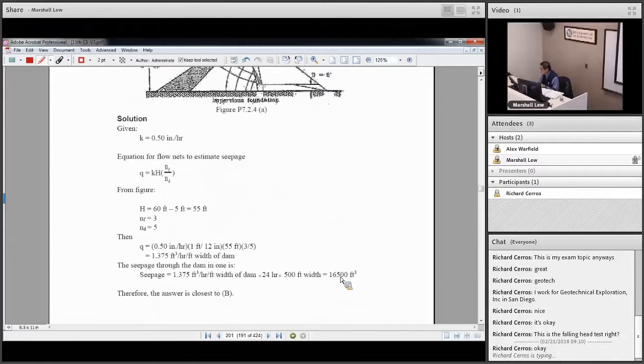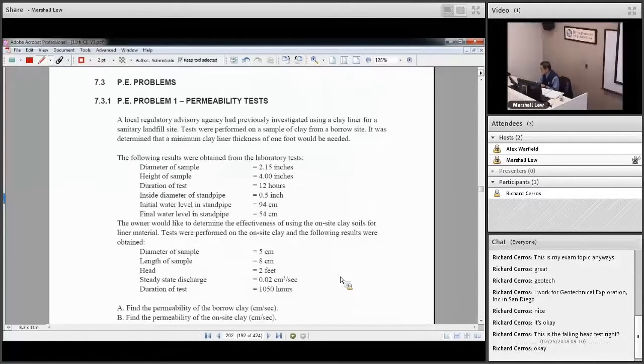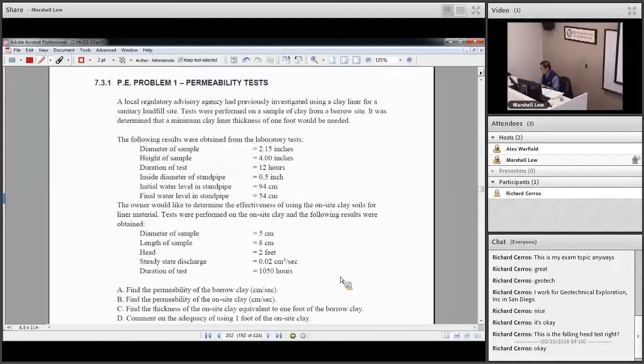Remember that Darcy's apparatus has a constant difference in head, and the equation for Darcy's law was based upon a constant head test, but the coefficient of permeability can also be determined from a falling head test. That's slightly different, since it has to account for the changes in head with time.